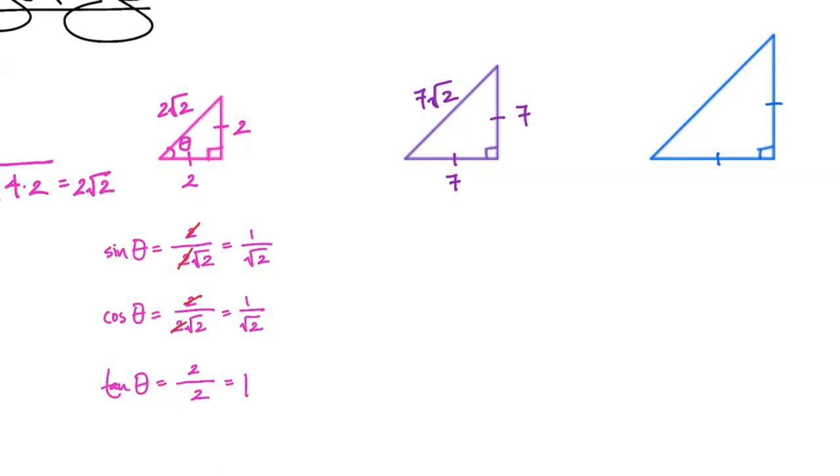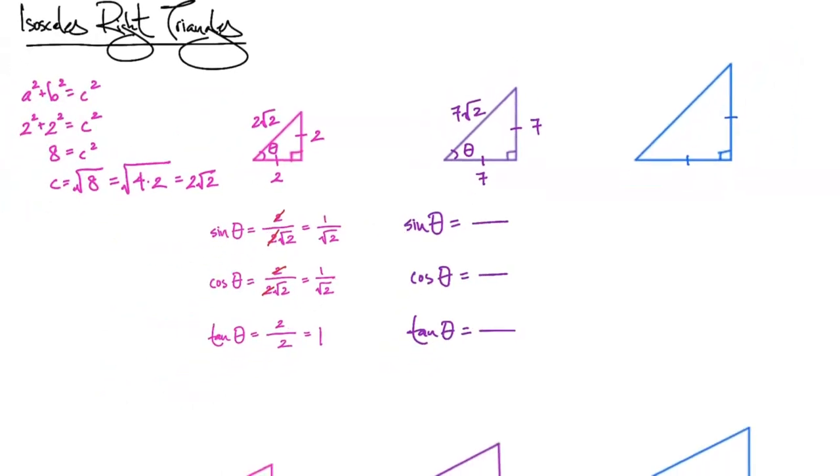All right, let's take a look at the 3 main trig functions again. We'll put theta down here again. We've got sine theta, cosine theta, tangent theta, right? Take a moment, fill those in. And just like we did for the pink triangle, simplify where you can simplify, and then let's see what we have, okay?